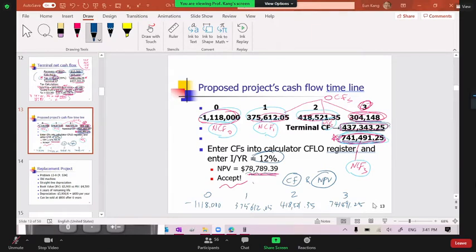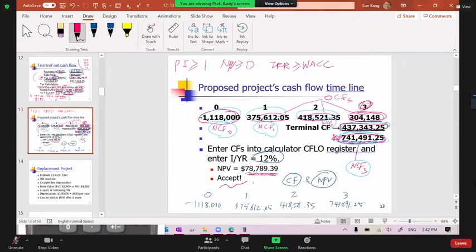NPV rule is greater than or equal to 0. And the IRR rule is greater than or equal to what?